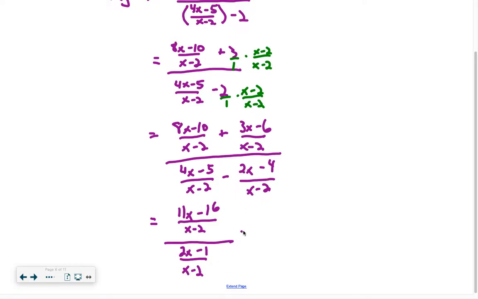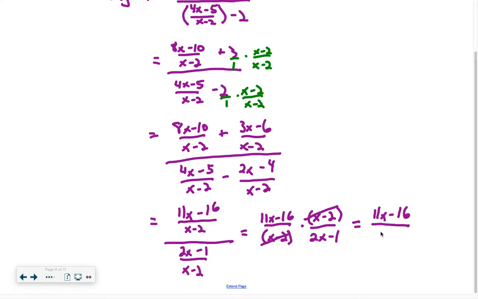And we just said that whenever I'm dividing fractions, that's the same as multiplying by the reciprocal. So this would really look like this. Now, since these are being multiplied, these x minus 2's are factors, I can cancel those out, and I would just be left with 11x minus 16 over 2x minus 1.